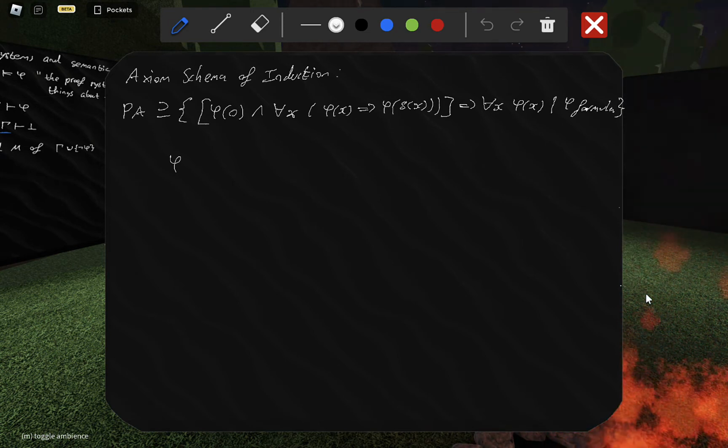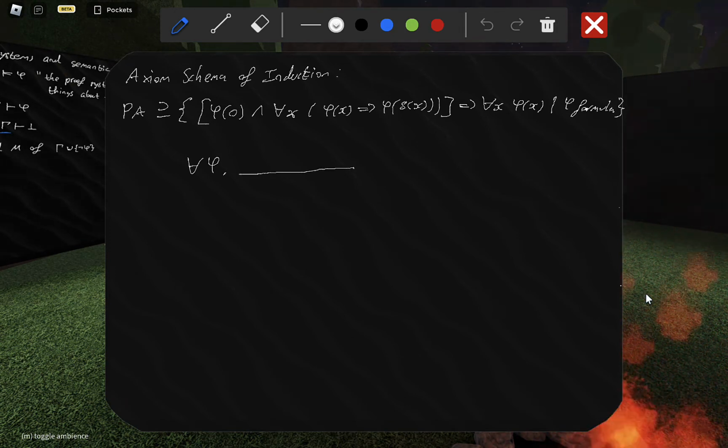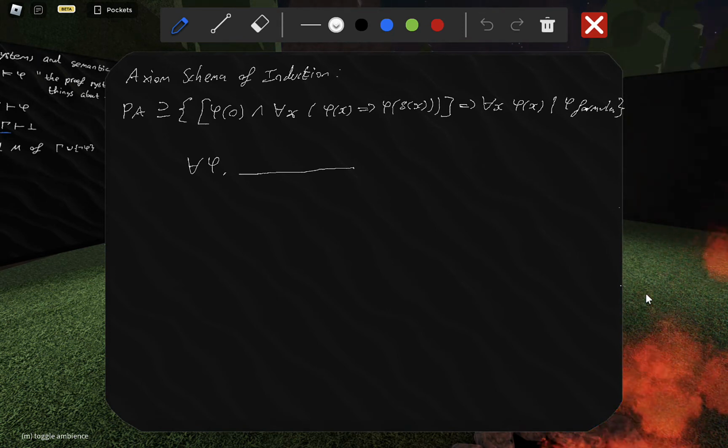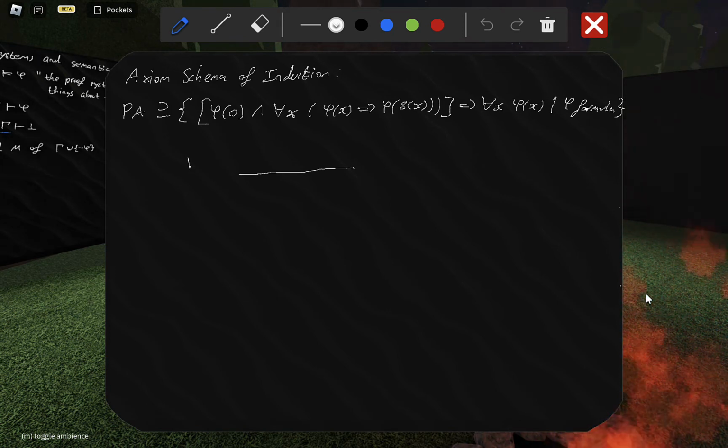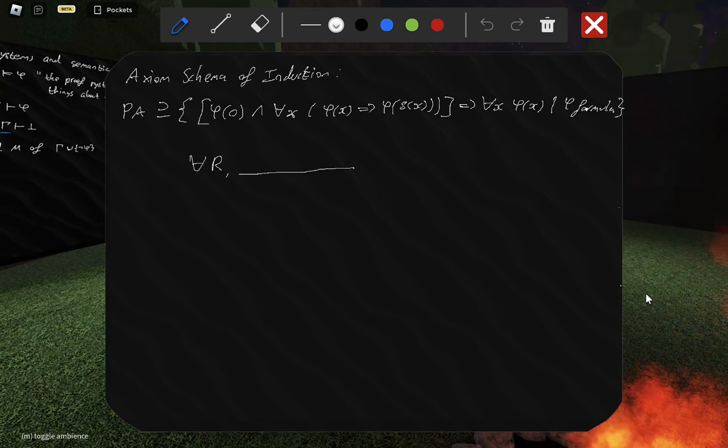Whereas if your proof system can express "for all phi" and then fill in the axiom schema there, but with this, I guess not phi, it should be just "for all R", and the semantics of that is saying that R could be interpreted as any subset of the natural numbers.